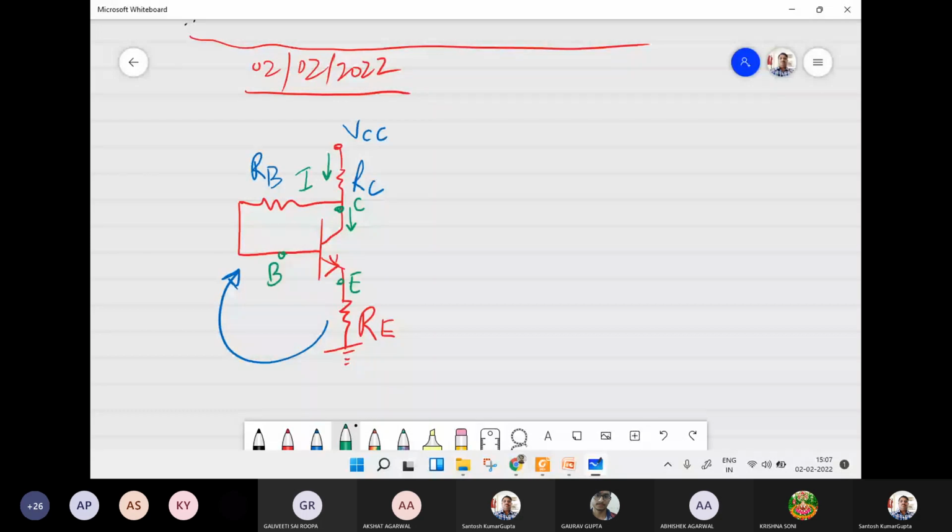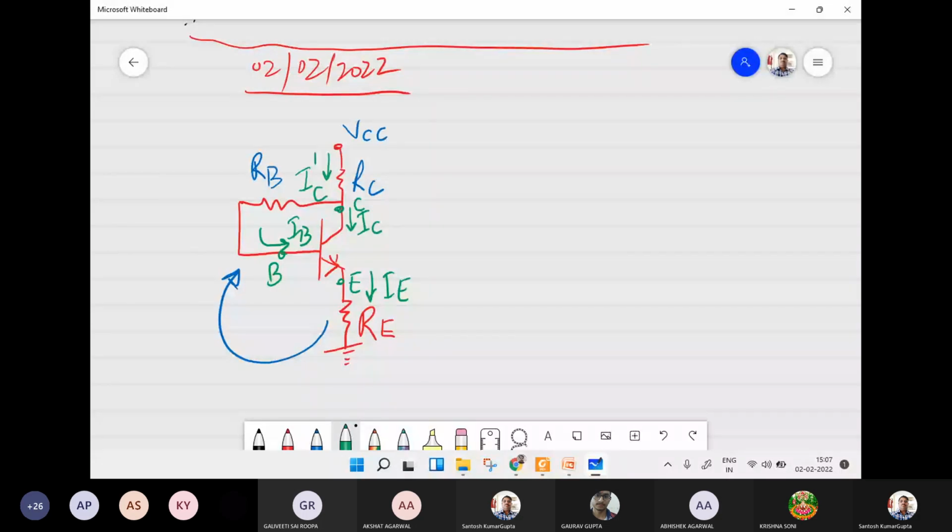Suppose the current through the emitter is IE, the current into the base is IB, and into the collector is IC. The current flowing through RC is different from IC.